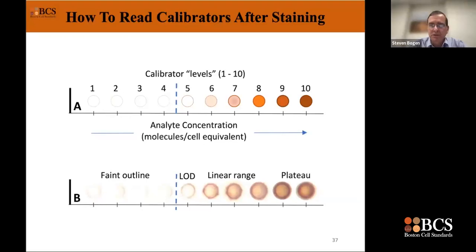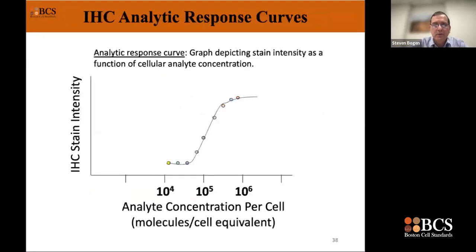You then look at a certificate of analysis for that calibrator and correlate it with the actual concentration. With image analysis, you can generate an analytic response curve. The analytic response curve defines the relationship of stain intensity on the y-axis as a function of biomarker concentration on the x-axis. From the analytic response curve, we can then define two important analytic parameters, which are the lower limit of detection and the linear range.